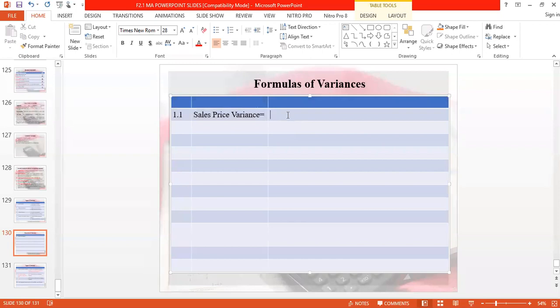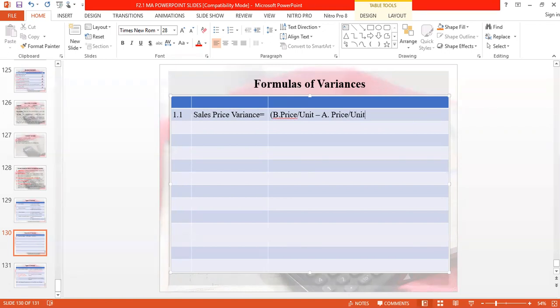Sales price variance is equal to, look at this, budgeted price per unit minus actual price per unit.